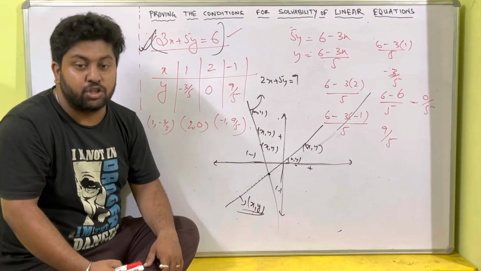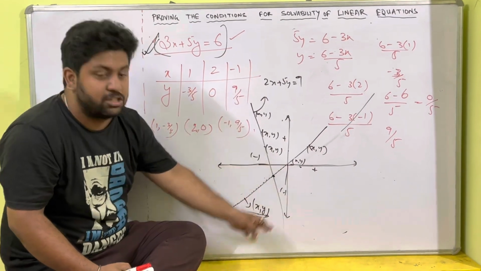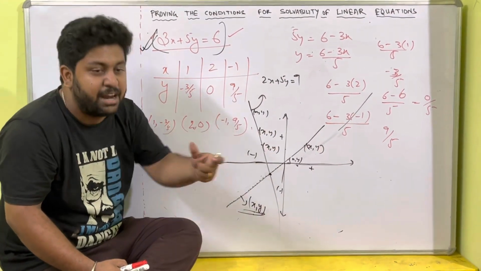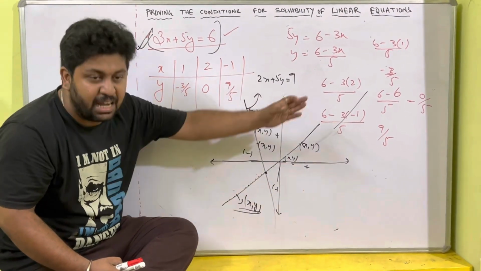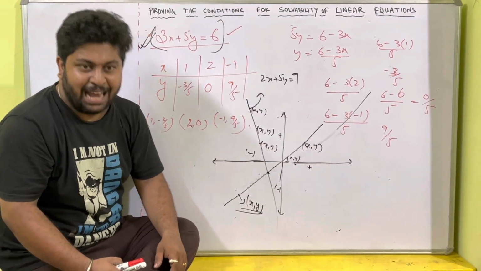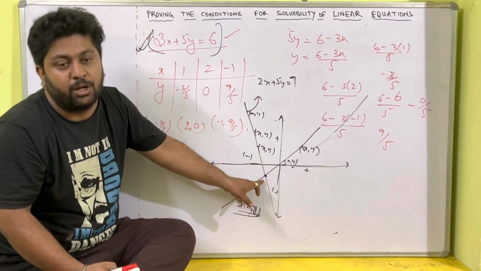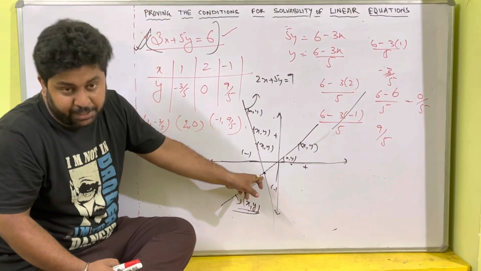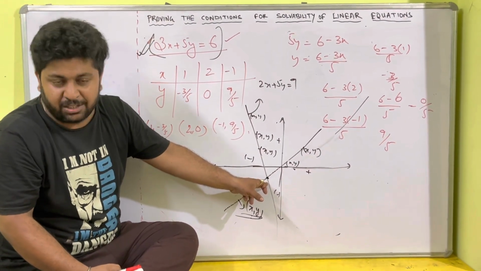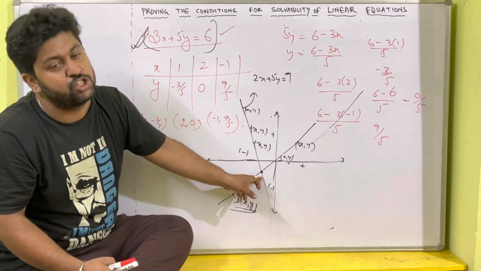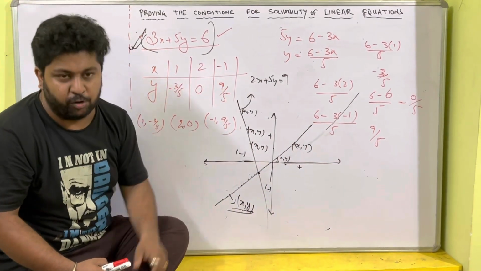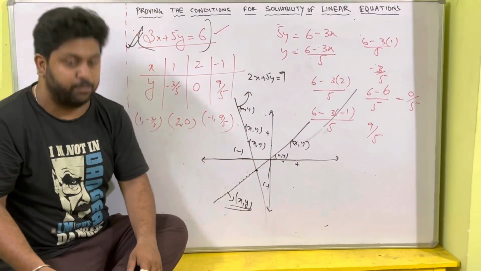The meaning of the solution is that the lines of the linear equations, representing lines in the Cartesian plane or geometrically, meet at a particular point, and that particular point has coordinates which are the solutions of the linear equations when we algebraically solve them.